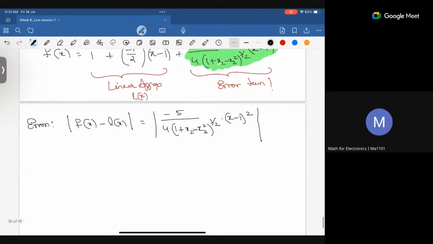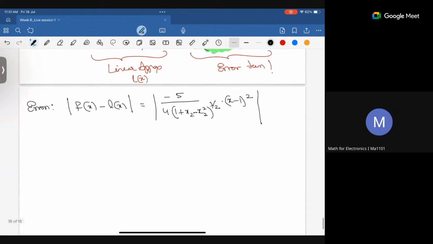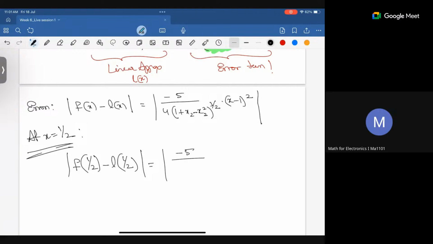This is the error term at x equals half, and that is where we have to find the maximum possible. At x equals half, the error will be f of half minus L of half. On the right hand side, we'll have minus 5 by 4, 1 plus x2 minus x2 square whole power 3 by 2 into, in place of x, we'll substitute half. So this is the error, but we don't know what x2 is.